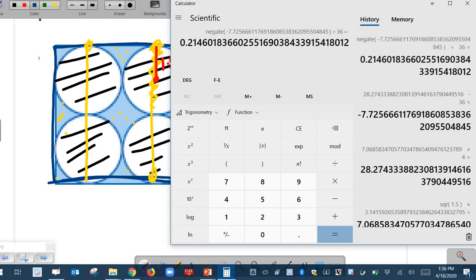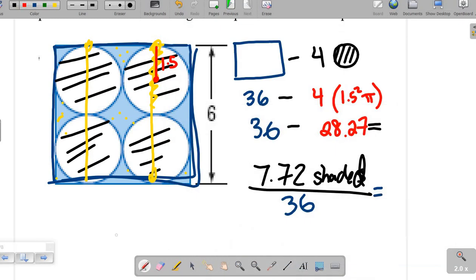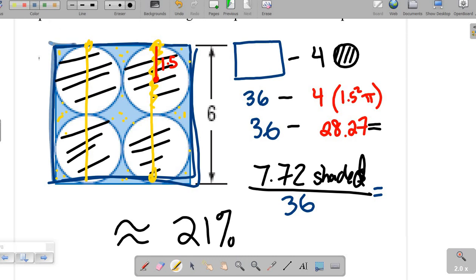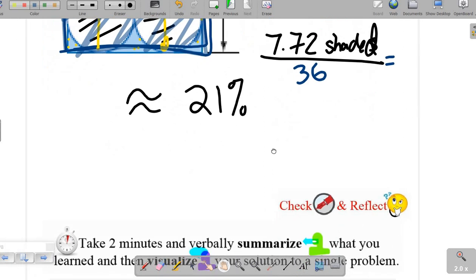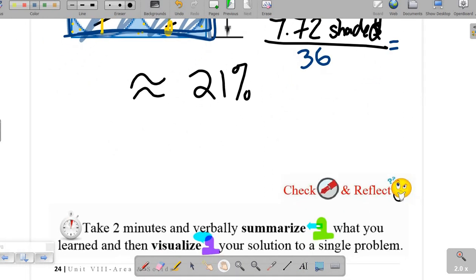You should have gotten approximately, there is a 21% probability that a random point is inside the shaded region compared to the entire area of the entire square. Very important you go back, take the time to verbally recap what you've learned today.